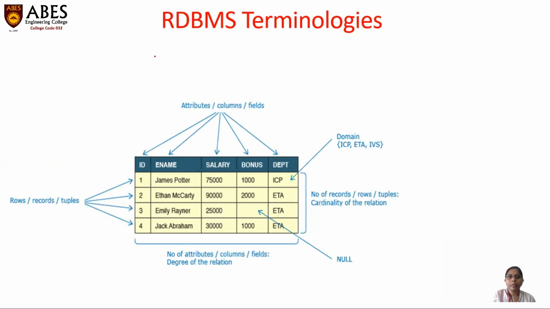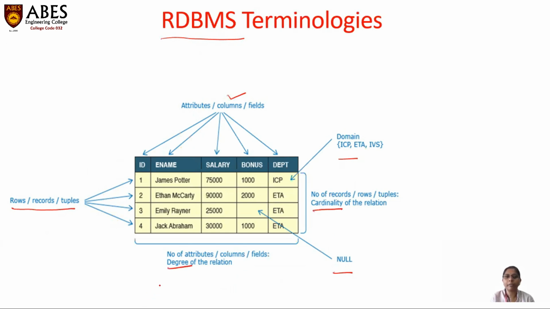So as we are going to discuss about relational database management system and structured query language, we need to know certain terminologies like rows, tuples, columns, attributes, domain, null values, cardinality, and degree.